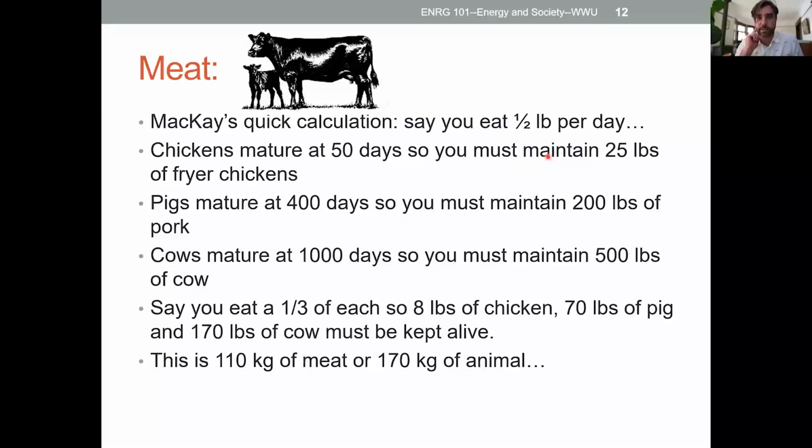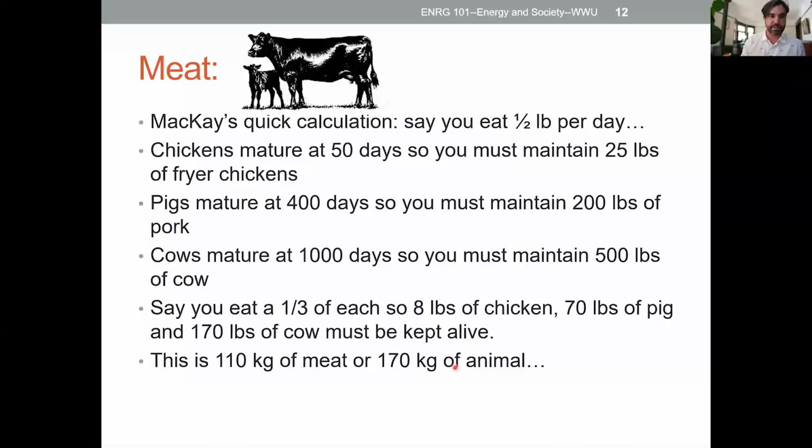So this is 110 kilograms of meat, or 170 kilograms of animal. So I took 170 pounds, converted it to kilograms, and animals aren't pure meat. We haven't got that lab grown meat quite yet. So there's other parts of the animal that you don't eat. And so you actually need to maintain 170 kilograms of animal to satisfy your meat habits.